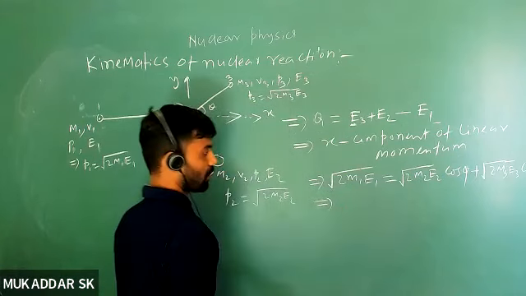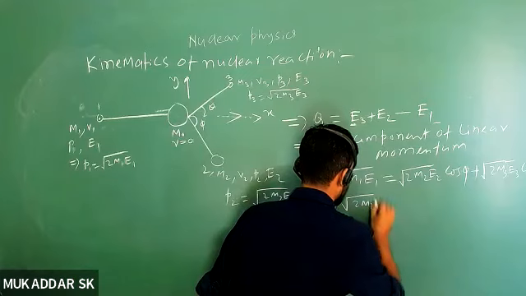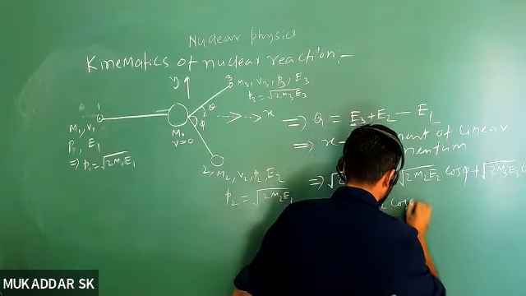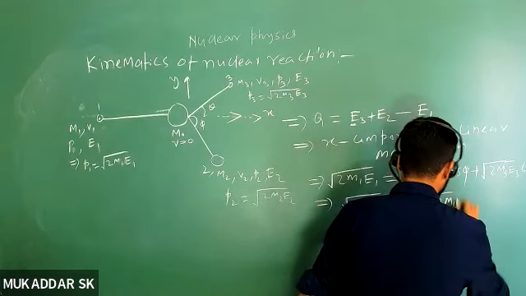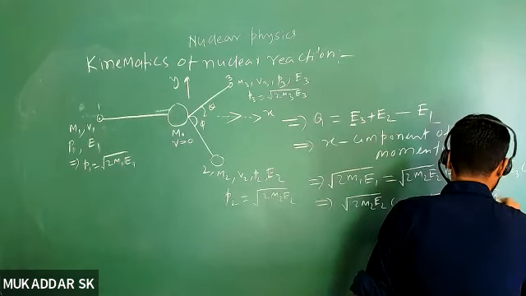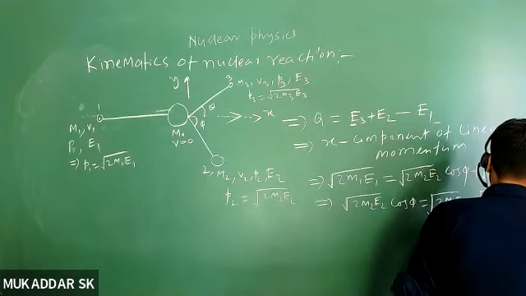So from here, what you can write? Root over twice m2 E2 cos phi equals root over twice m1 E1 minus root over twice m3 E3 cos theta.